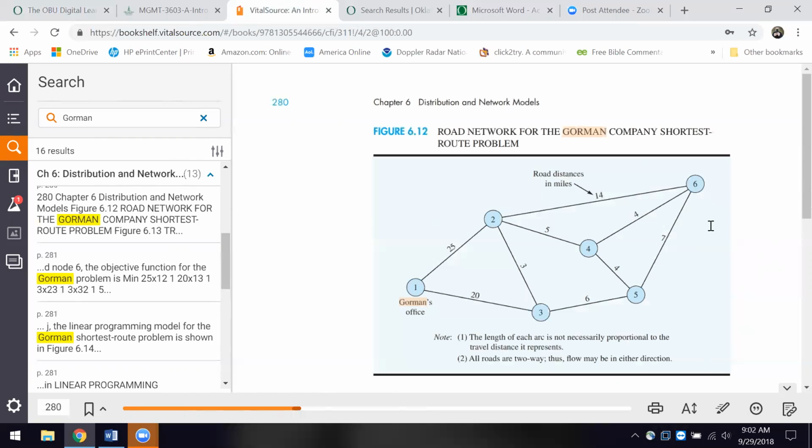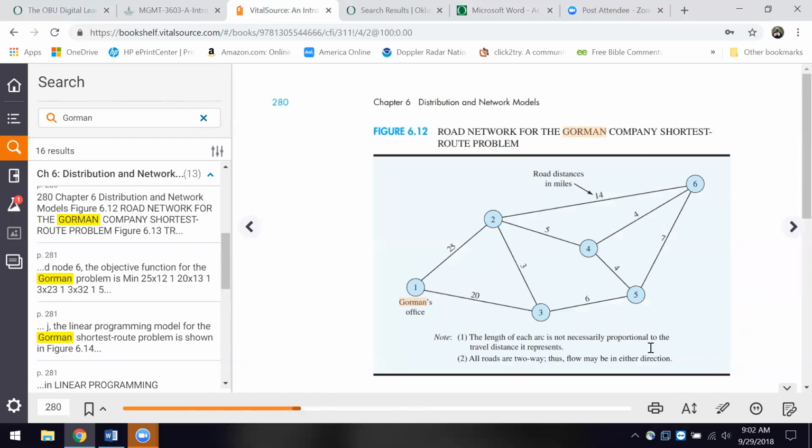The software will do that for you. A lot of this is just having a good understanding of how networks operate, and then starting to work in terms of the arcs. Here, these round things are the nodes, and the lines are the arcs.